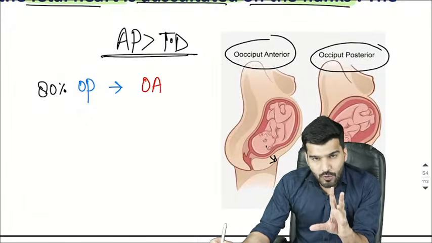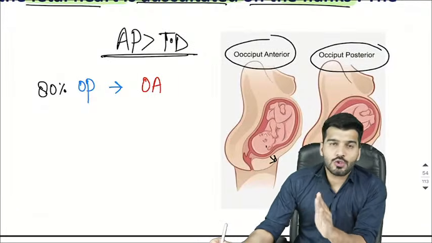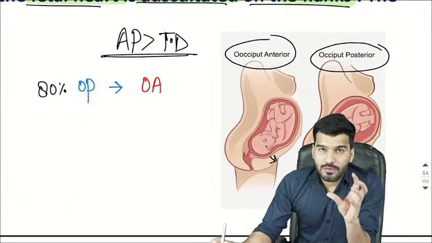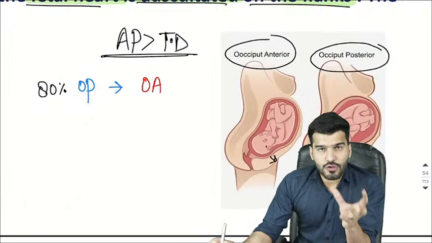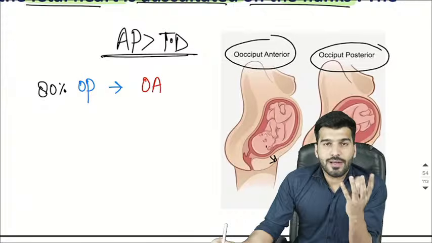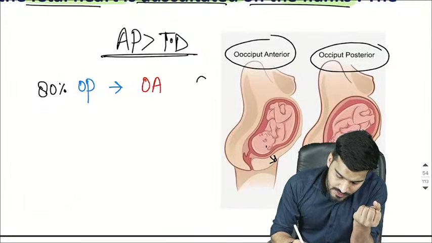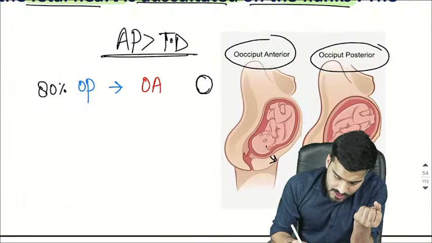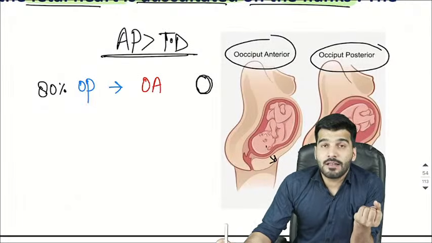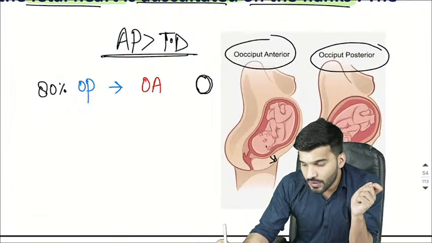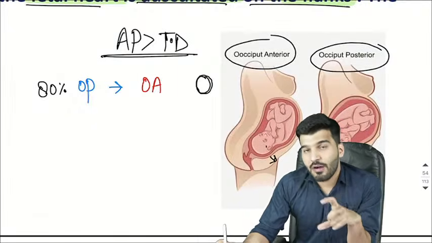Now this rotation from occipito-posterior to occipito-anterior depends upon the type of the pelvis. If 80% of occipito-posterior are turning into occipito-anterior easily, it suggests a pelvis which is somehow like a rounded cavity, and this is the most common type of pelvis. So write down in the chat box what type of pelvis is that with a rounded cavity.